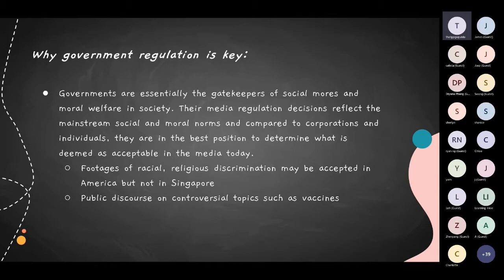So there will be a chain effect. So that's why it is important that the government steps in to make sure that the content being put up online is in line with the values and the traditions that are upheld in the country.